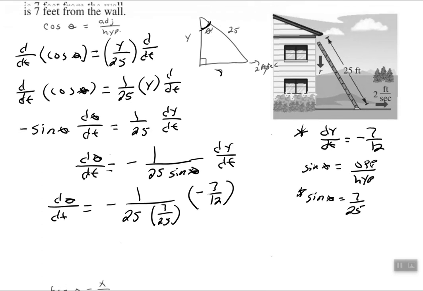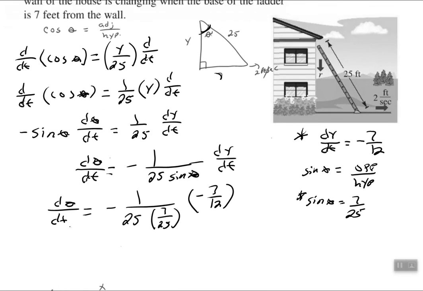All right. So let's finish this off. Let's see, the 25s cancel. That leaves me with negative 1/7 times negative 7/12. So negative times negative makes positive, and the 7s cancel.